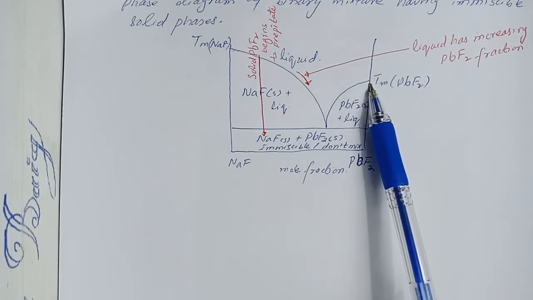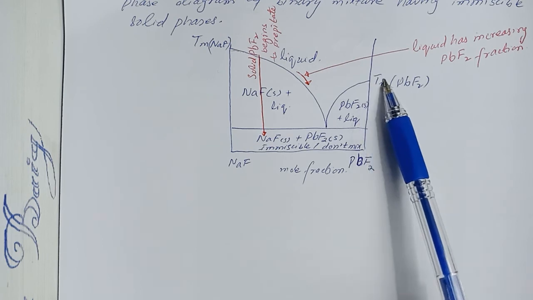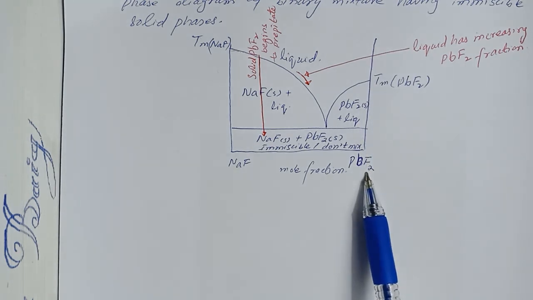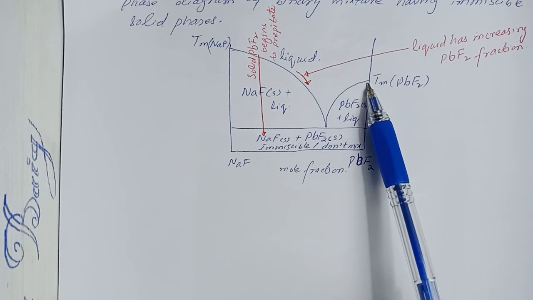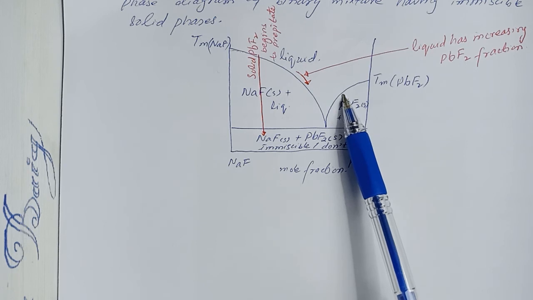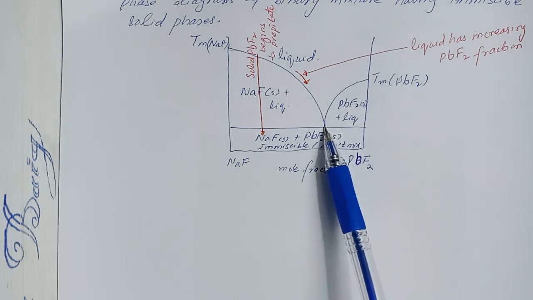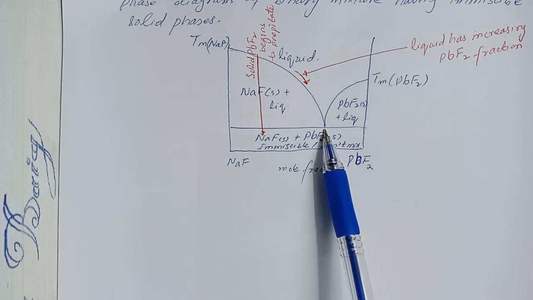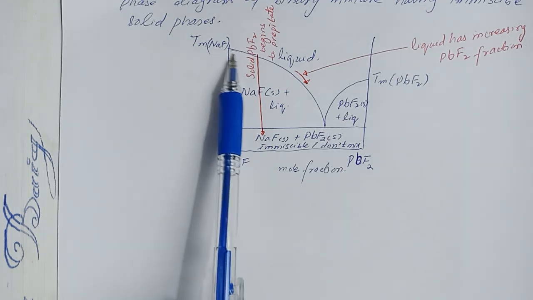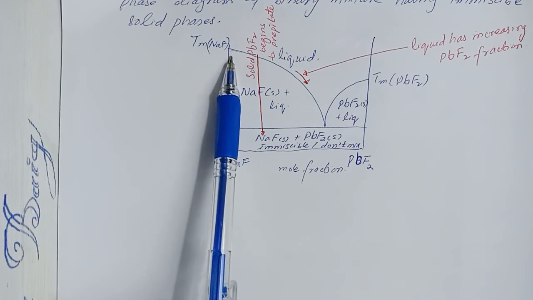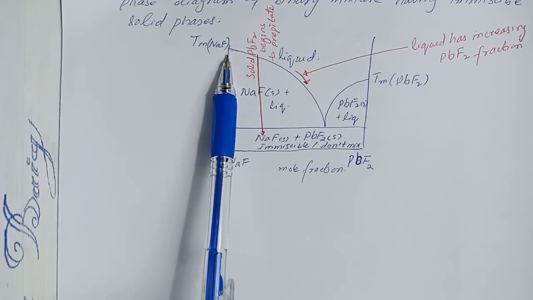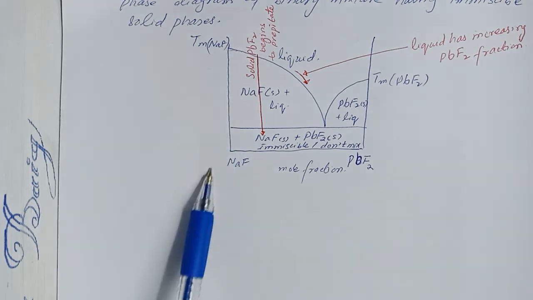And if we move from the melting point of pure lead fluoride, which is being lowered with addition of sodium fluoride and reaching a minimum point, that is the eutectic point, that was also obtained from the decrease in the melting point, or actually the depression in freezing point, due to the addition of lead fluoride within the lattice of sodium fluoride.